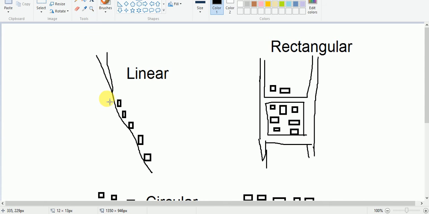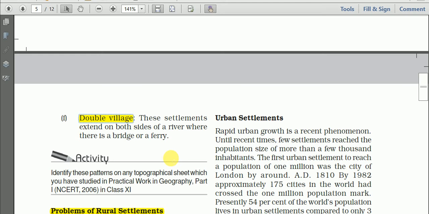However, if houses are built on both sides of the bank like this, this is called double village. If houses are built only along one bank, that is linear. If houses are built on both sides of the river bank, we call it double village.